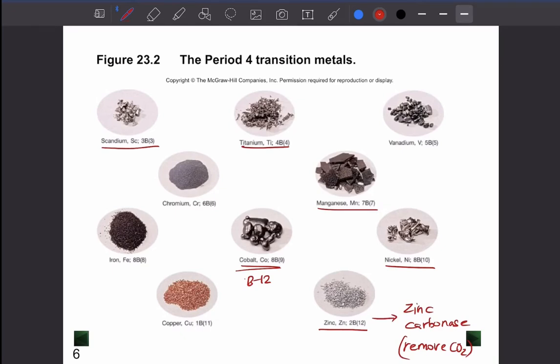You also have iron, chromium, copper, and vanadium. These are common metals that you find in your body as well. Those elements are generally called essential metals, because they are needed for your body to function properly.